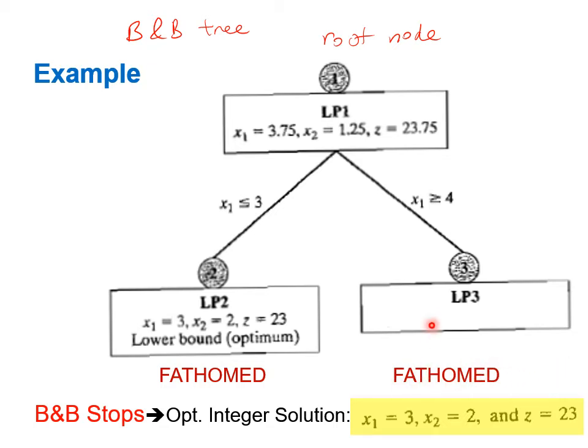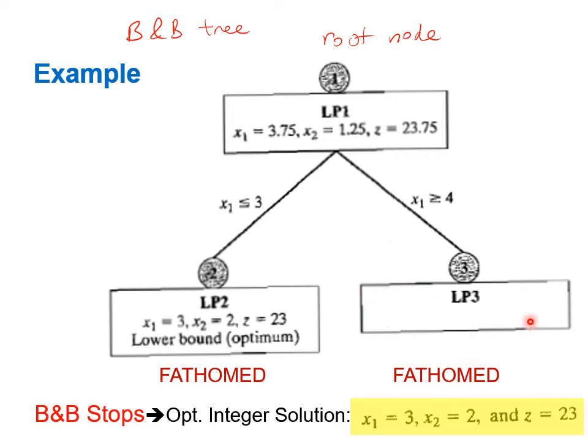You can ask me, if we don't do that reasoning, can't we continue solving this part and find the best integer solution on it? Yes, you can, but remember, in complete enumeration, which we talked about in our previous lecture, we try all possible combinations of the decision variables, and it takes a lot of time. In the branch and bound algorithm, we want to get the solution as quickly as possible.